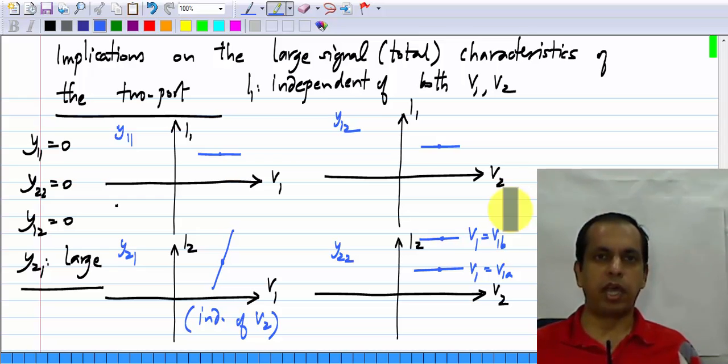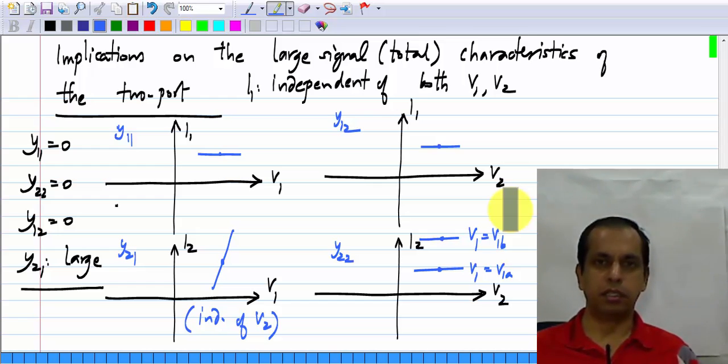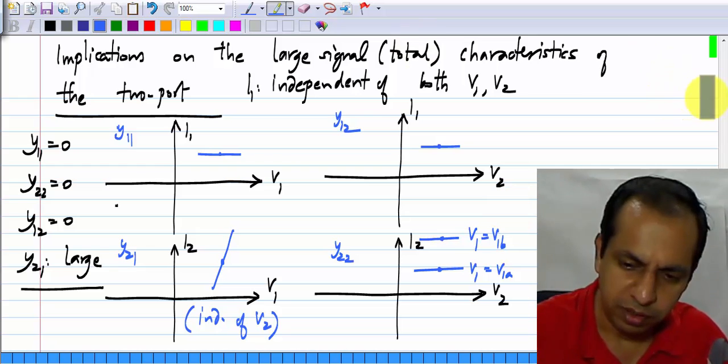And these are good characteristics of amplifiers regardless of what device you build. For instance, if you are trying to invent a new device, you have to invent a device which follows these things in order to maximize the gain. Okay. Of course, instead of choosing Y parameters, you can choose some other parameters and try to maximize the gain according to those parameters, but the qualitative characteristics will be the same.